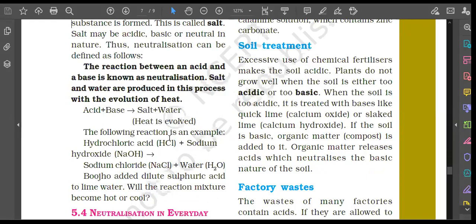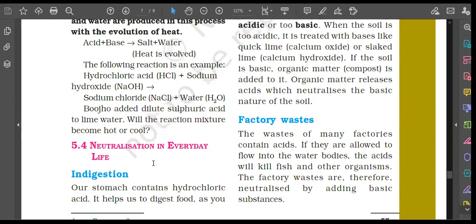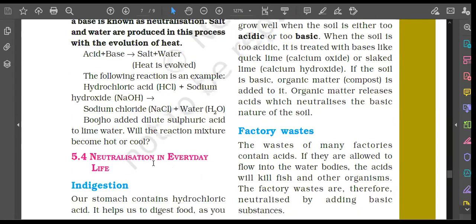So we eat medicine like Digene, or we drink Eno, because it's a base and it will neutralize the excess acid present in the stomach. So see, neutralization in everyday life. First is indigestion. This is given because our stomach produces hydrochloric acid.